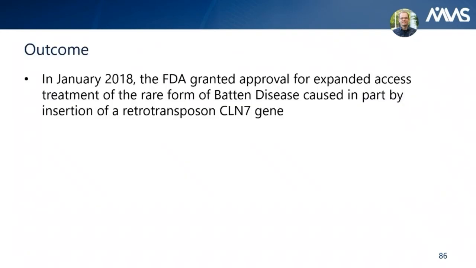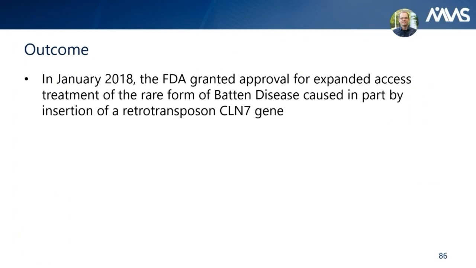Well, in January of 2018, the FDA did grant approval for expanded access for the treatment of the rare form of Batten disease caused in part by the insertion of a retrotransposon in the CLN7 gene. So in this case, although there was no existing FDA guidance and no regulatory precedent, the time from diagnosis to synthesis and treatment was still less than a year, around 12 months.